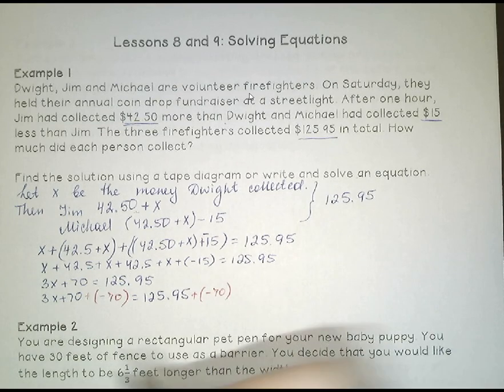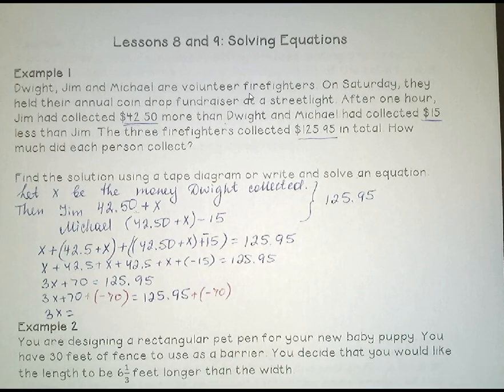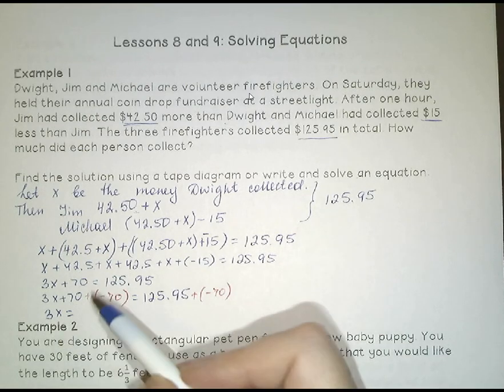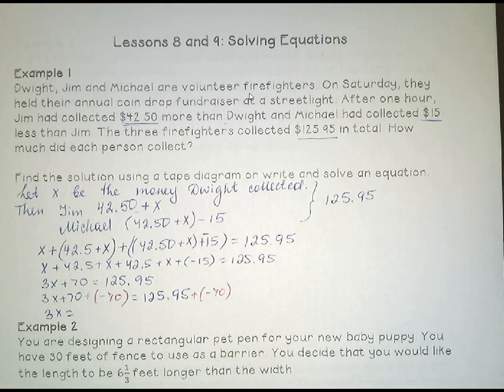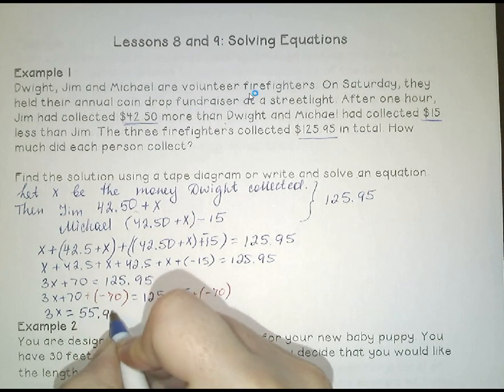All right, so now we have 3x equals, because 70 plus negative 70 is 0, and 125.95 minus 70 is 55.95.